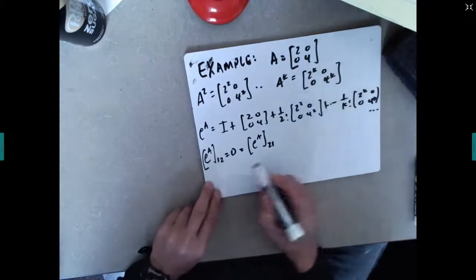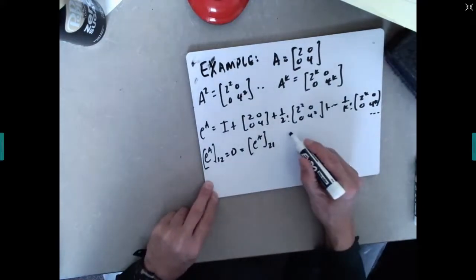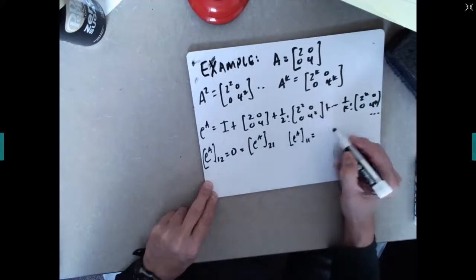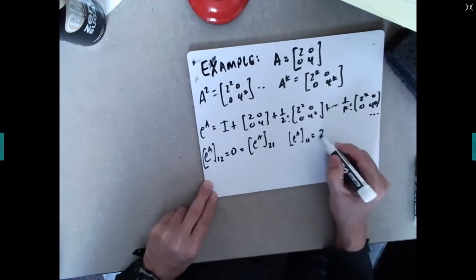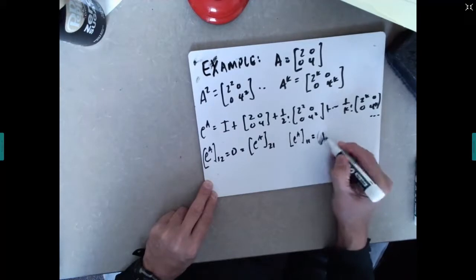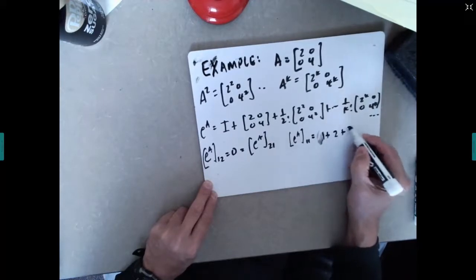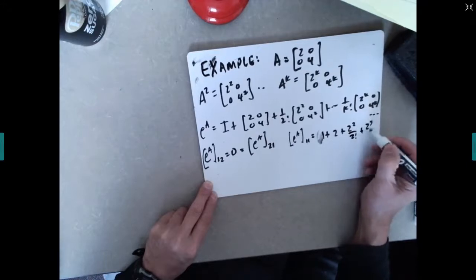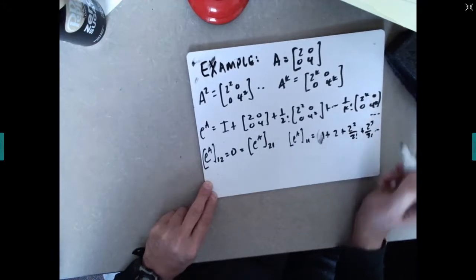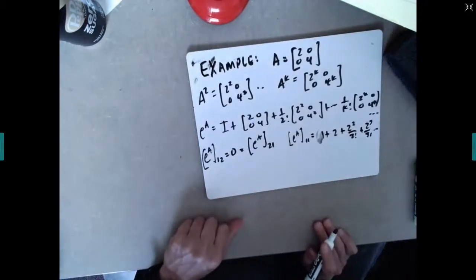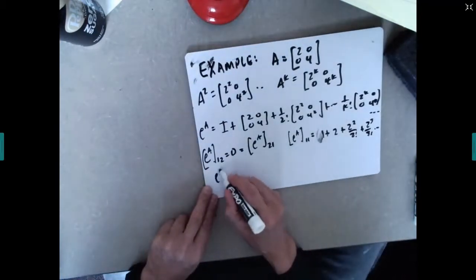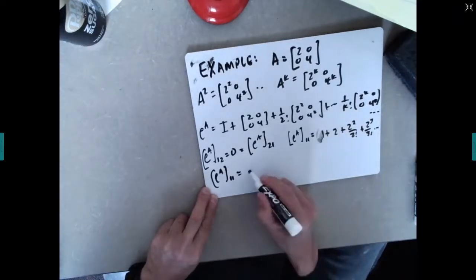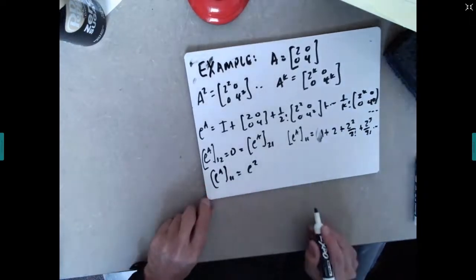On the other hand, the 1,1 term would be 1 plus 2 plus 2 squared over 2 factorial plus 2 cubed over 3 factorial. We recognize that right away, right? That's nothing more than the series for e squared.